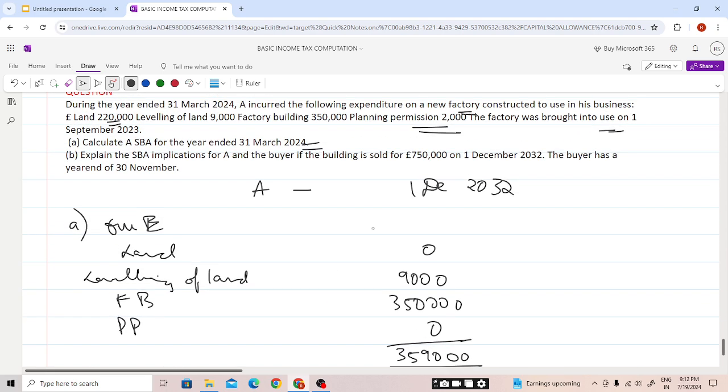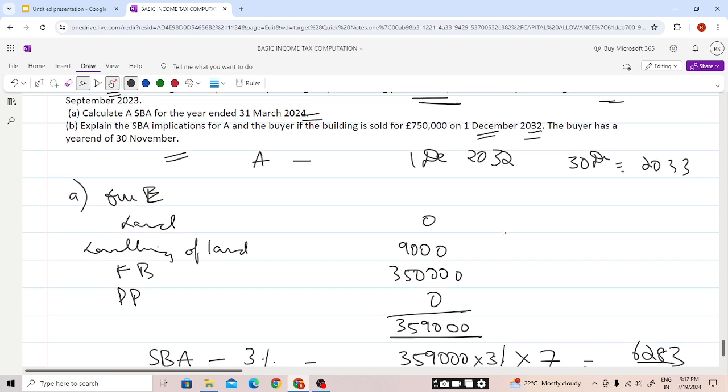So students, the buyer has a year end of 30th November. So the buyer purchased in December 32. So year end is 30th November 33, because already we have sold it. Explain the SBA implication for A and the buyer. So for both we need to say the implication.